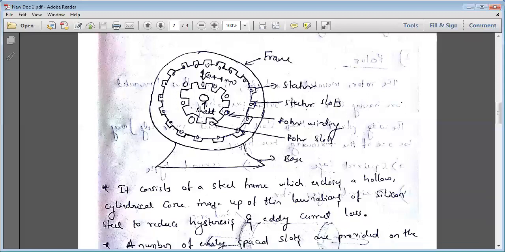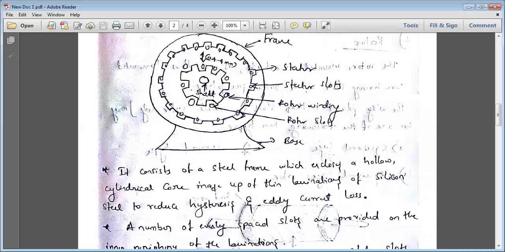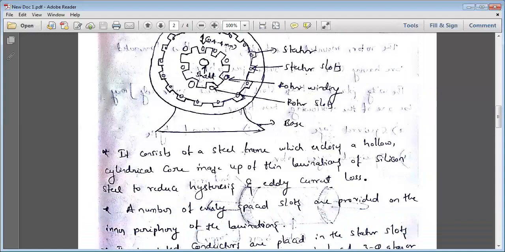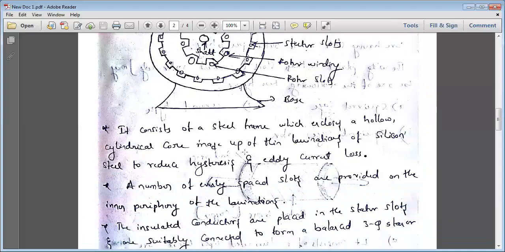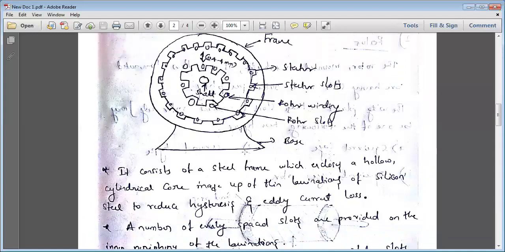So now let us discuss in detail the construction of the stator winding. The first point is that it consists of a steel frame which encloses a hollow cylindrical core made up of thin laminations of silicon steel to reduce the hysteresis and eddy current losses.